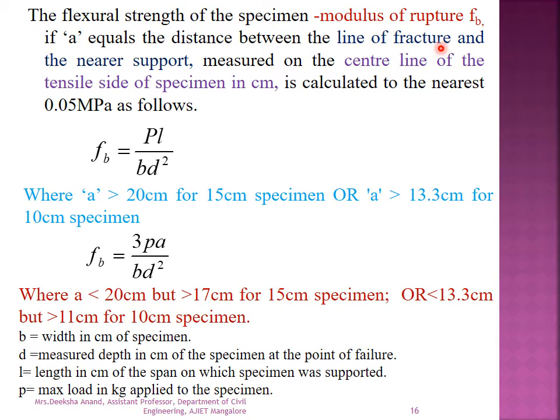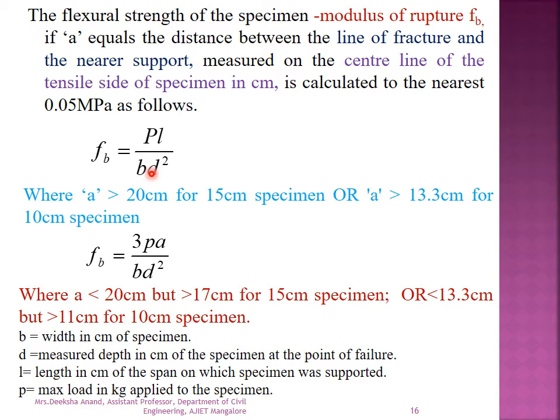The flexural strength of a specimen, that is modulus of rupture Fb, if a equals the distance between the line of the fracture and the nearest support measured at the center line of the tensile side of the specimen in centimeters, is calculated to the nearest 0.05 Newton per mm square or megapascal as follows. So here we have the formula.